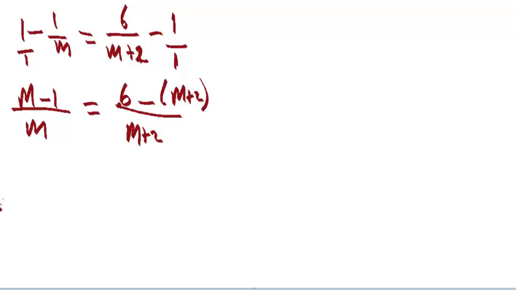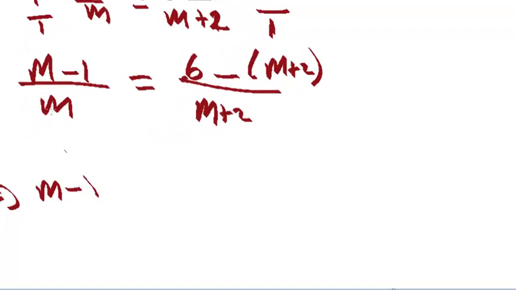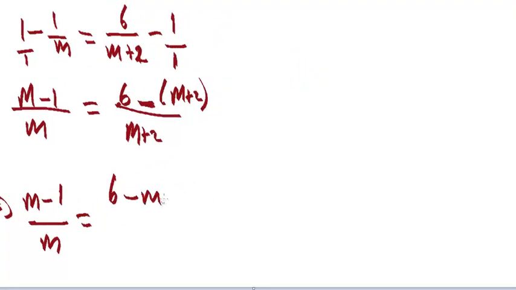So that means that we are now having m minus 1 all over m is equal to 6. Then we can open the bracket here. If you open the negative here, this is going to be minus m minus 2, all over m plus 2. So we proceed.